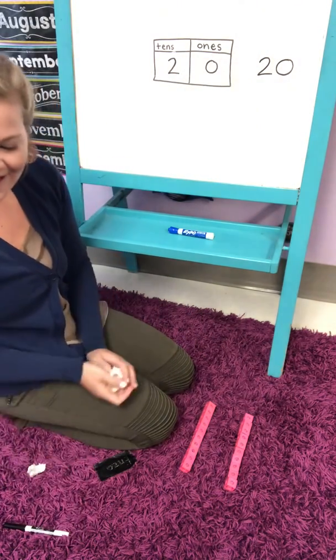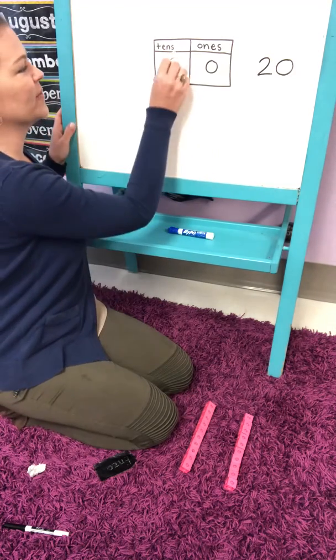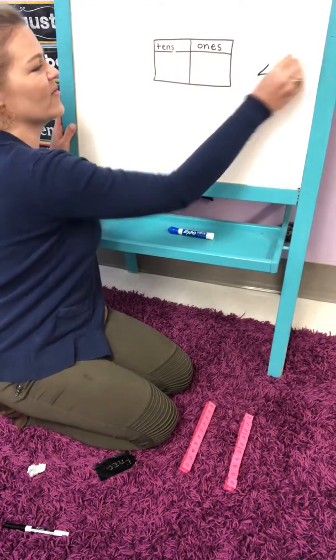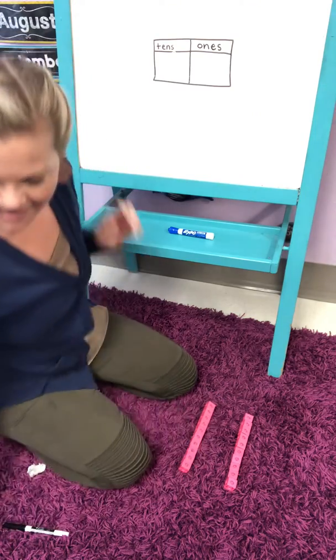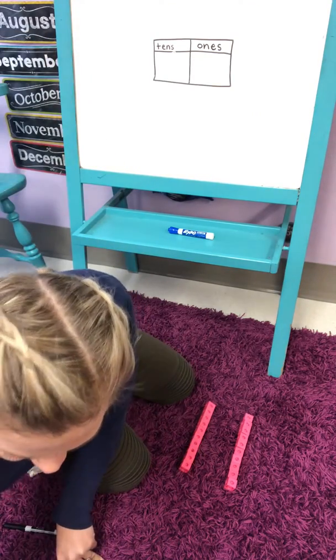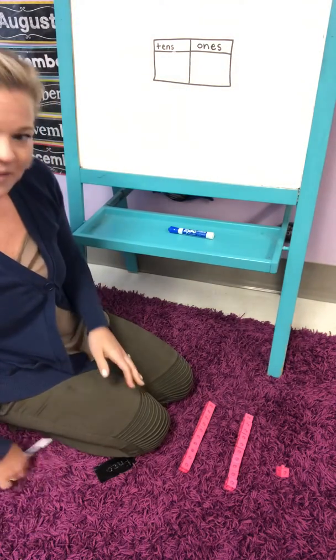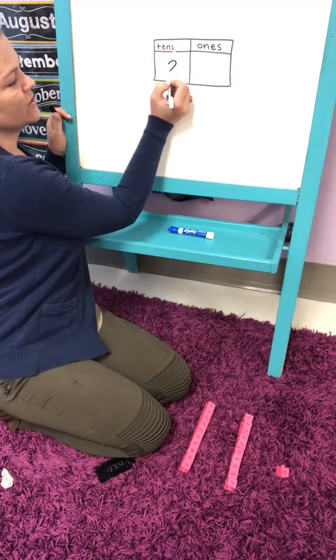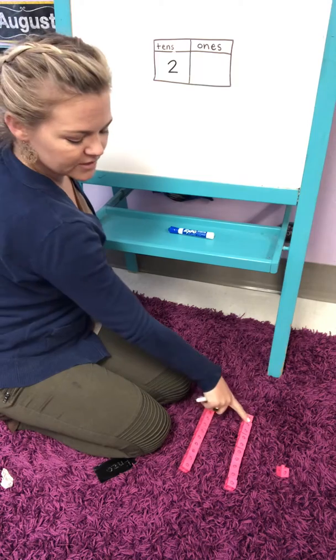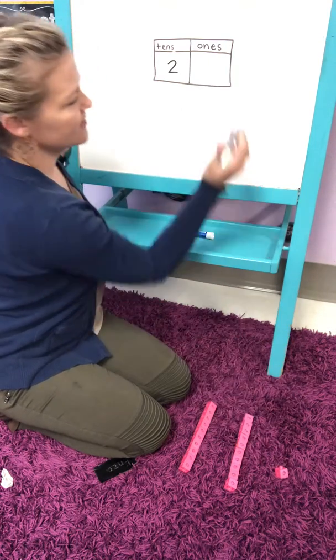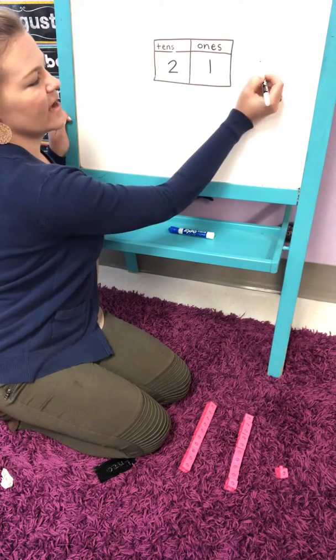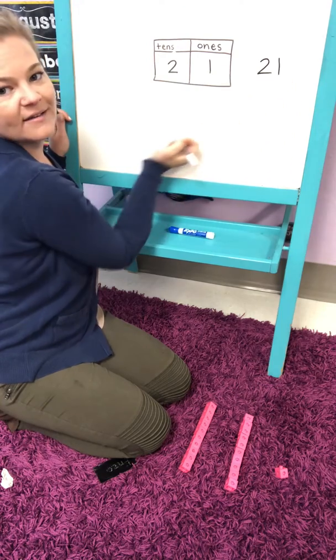All right, what if I added even more blocks? So now we know we have 20 blocks here. If I add one more extra block, that would be 2 groups of 10, 1, 2, and 1 extra, 1. So that would be 21.